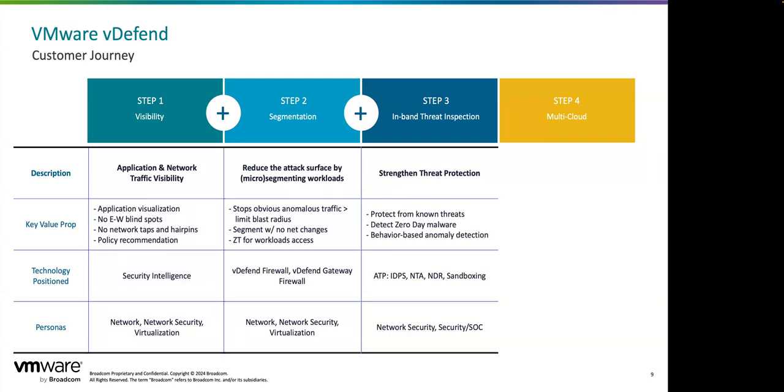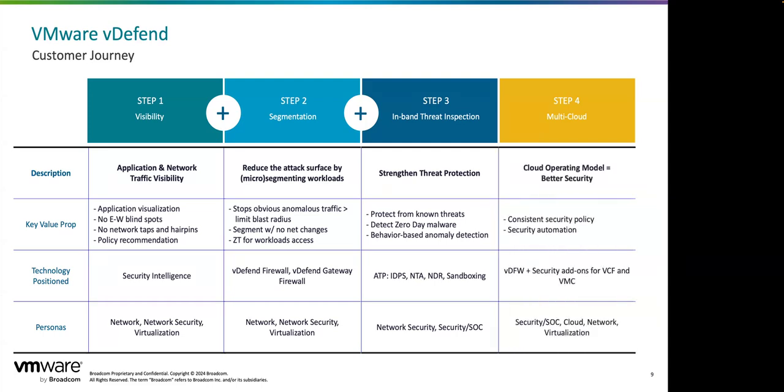And the personas here might be the network security team or now the security SOC team, although I wouldn't rule out the opportunity for a virtualization team that is trying to take on more of a security-focused role in an effort to build a sustainable private cloud, that they can use a single set of tools to understand everything going on in that private cloud.